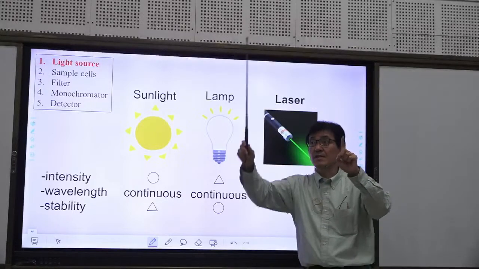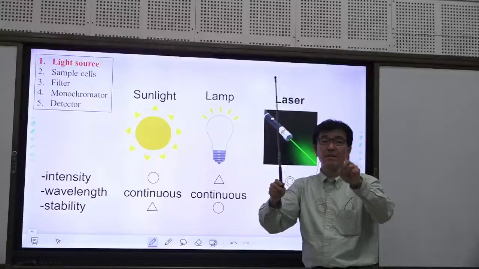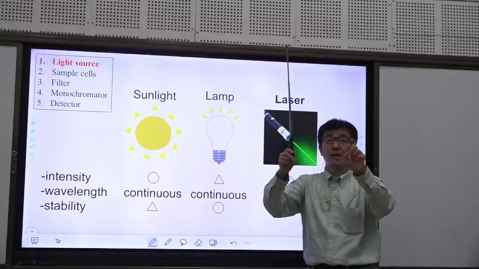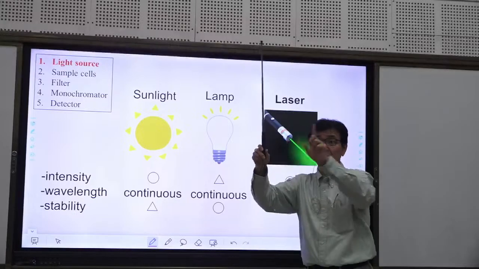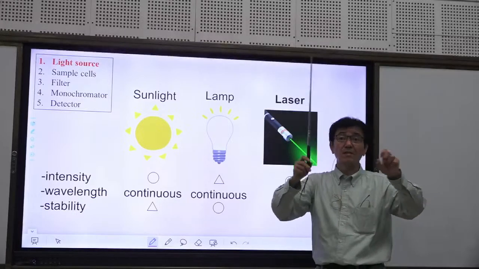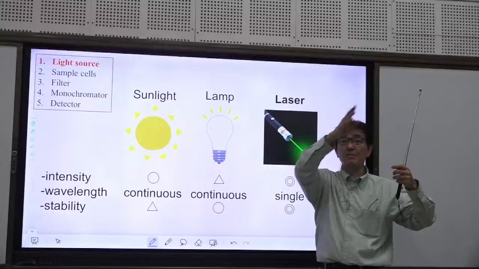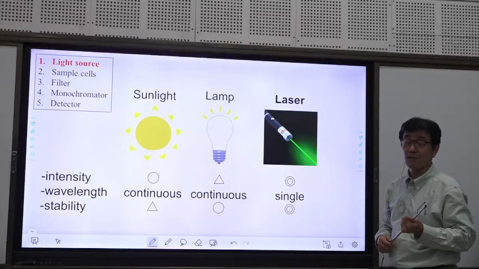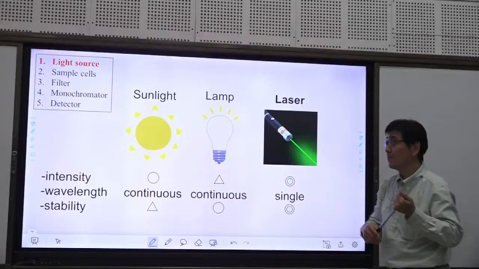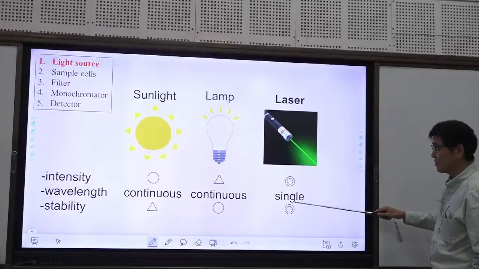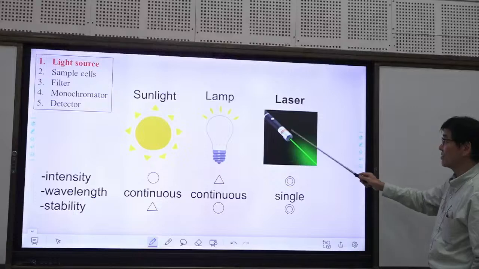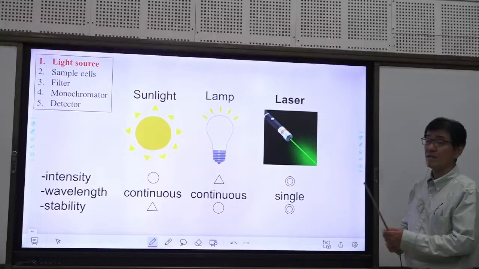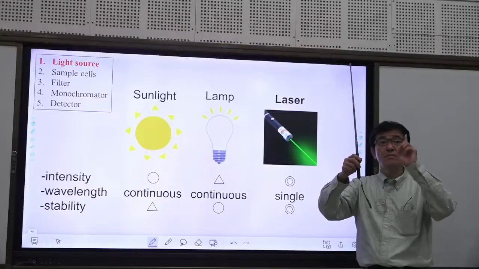But if this is various, then the position 1000 wave numbers apart from this wavelength is also various. Accordingly, the Raman band becomes very broad. So it's not worth discussing, or we cannot discuss such a broad peak. So it's a preferable feature that a laser has a single wavelength. By using this, we can get a single Raman line.